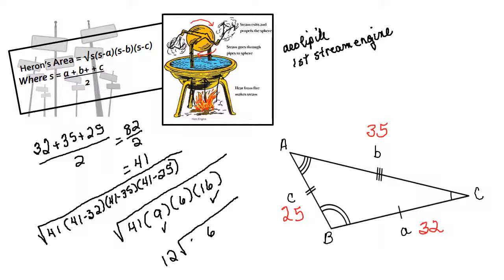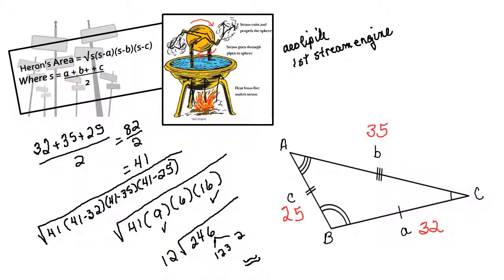6 times 41 is 246. Okay, so that's going to give me a 123 times the 2, and I really, really want to say 123 is prime, so this may be about where we're at. And of course, we can get a nice little approximate. I'll make my little approximate symbols, not the best.